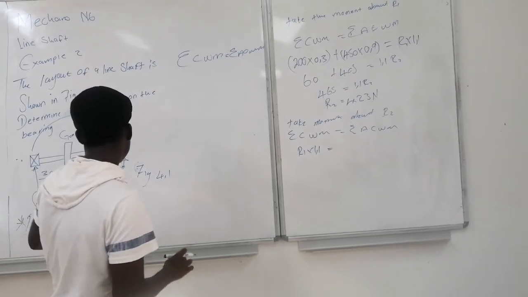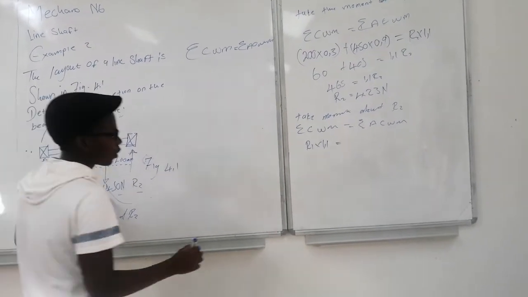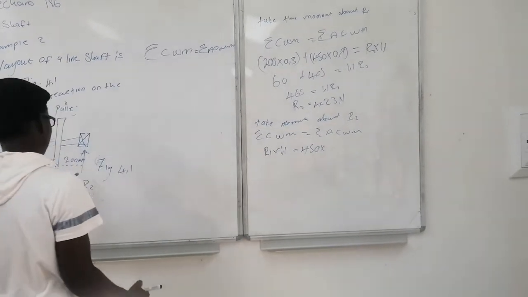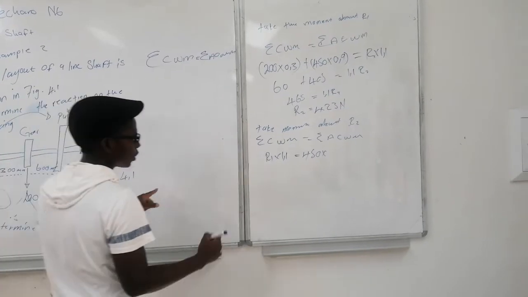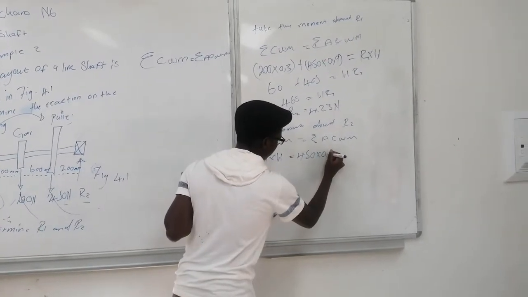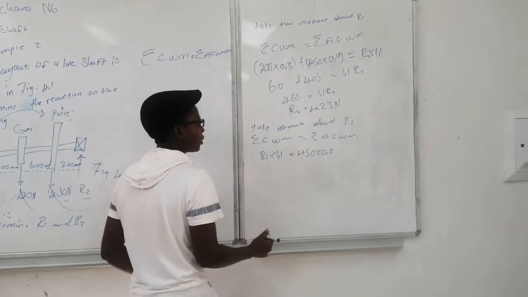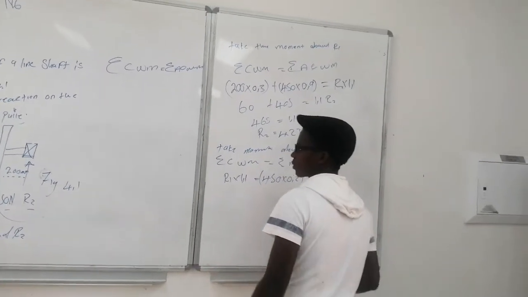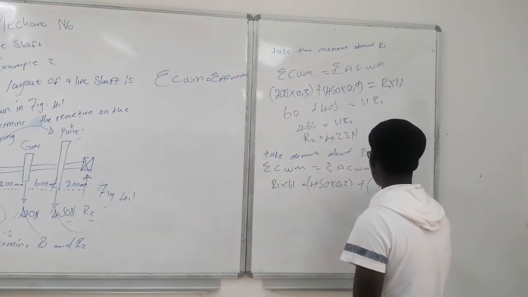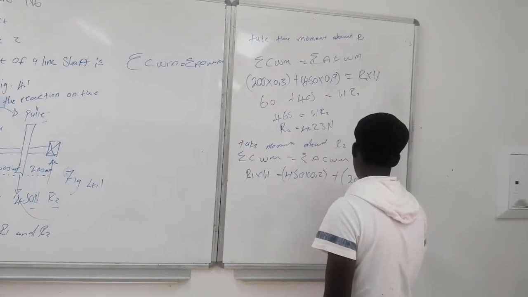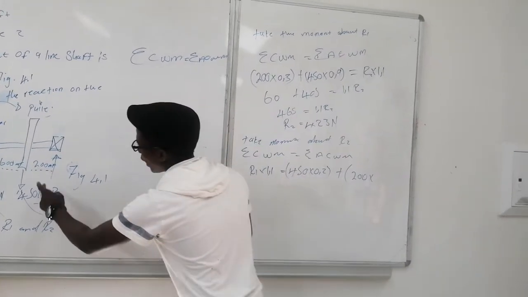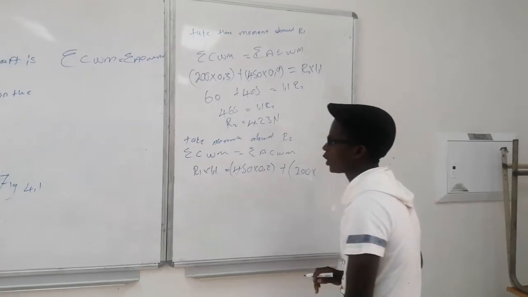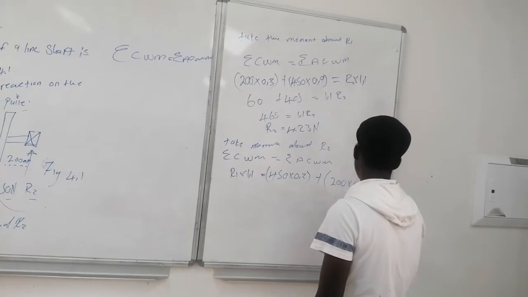The first one, from here to here, is 450 multiplied by the distance. The distance is 200 millimeters. We convert it to meters, which is 0.2 meter. We add, and then the second one is 200 for the gear multiplied by the distance. We add these two distances, 600 plus 200, which is 800, so 0.8.